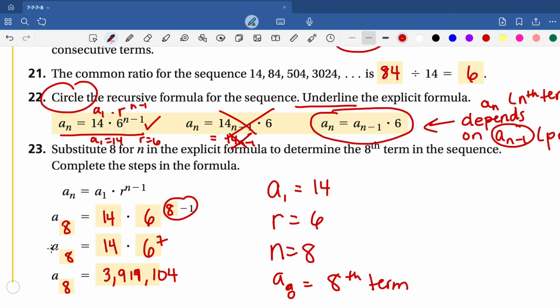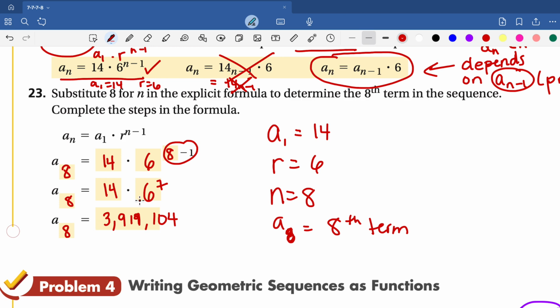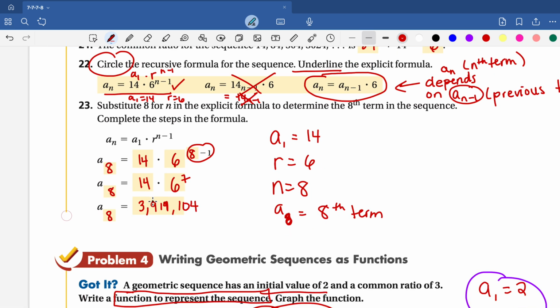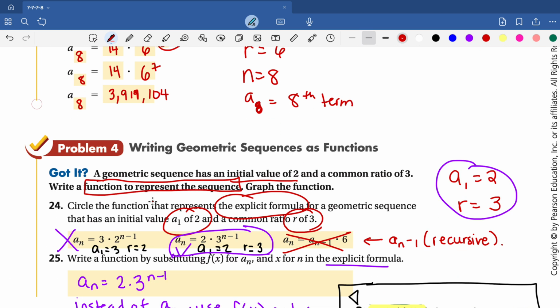This a sub 8 just literally means this is my 8th term. This is equal to 14 times 6 to the power of 7, because 8 minus 1 is 7. Once I figure this out, 6 to the power 7 times 14 is going to be 3,919,104. And that's going to be your 8th term in this sequence.